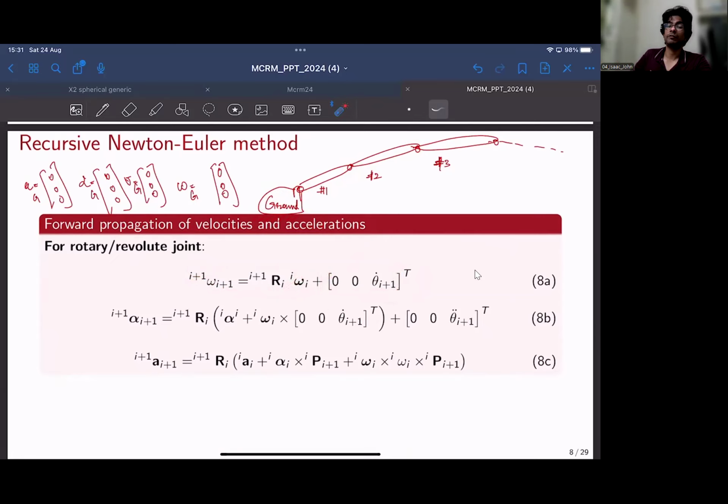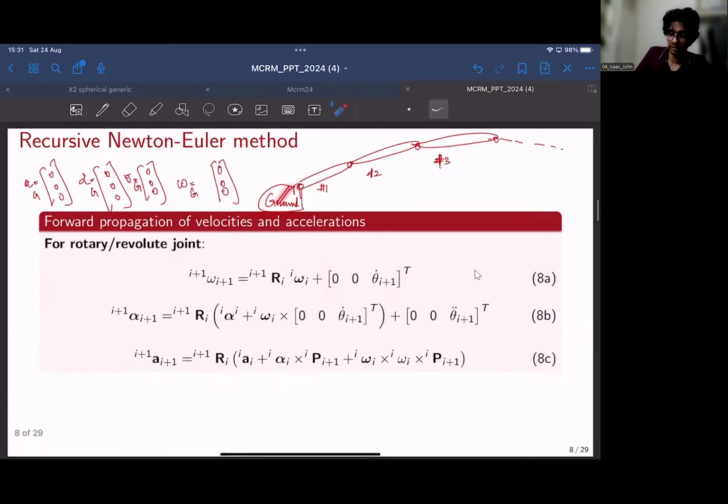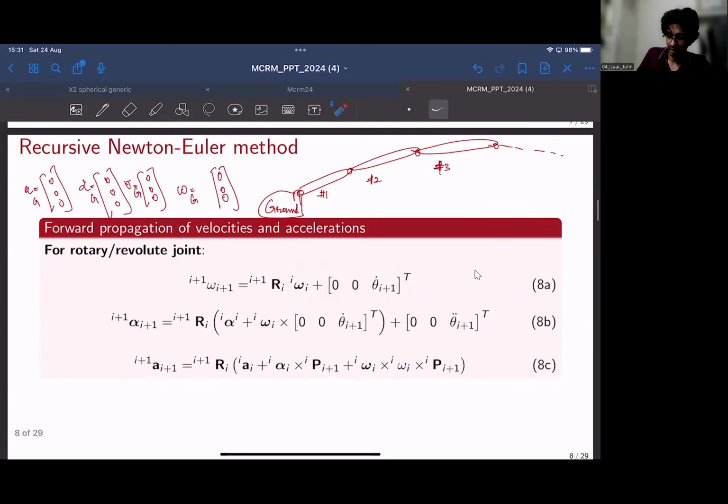right? So if you consider omega I plus 1 to be the first link and omega I to be the ground link, this component is basically the contribution by this joint, and I omega I is the angular velocity of the ground, which is 0 because it's the initial condition.